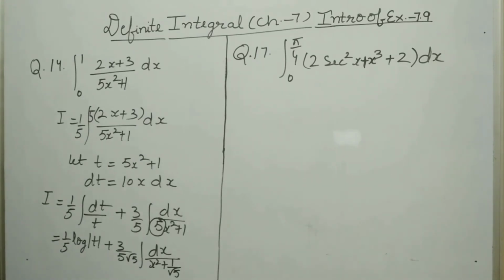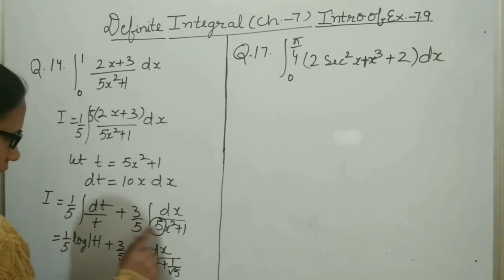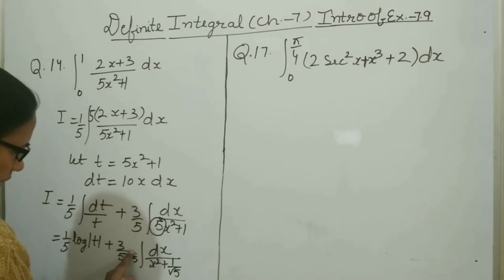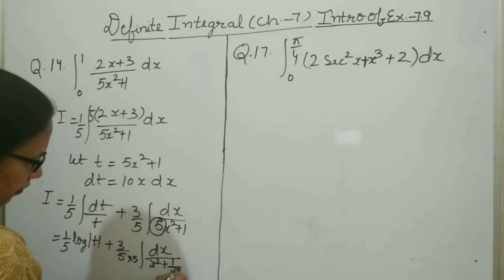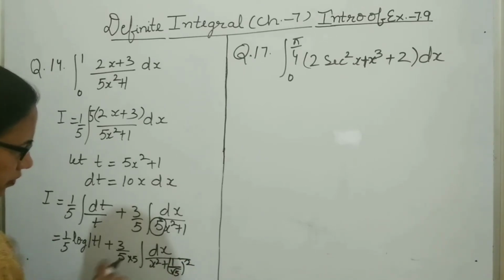We take 5 common, so we can take it as 1 over 5 as 1 over root 5 square, for making it simply x square plus a square.